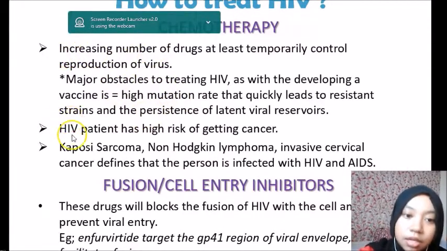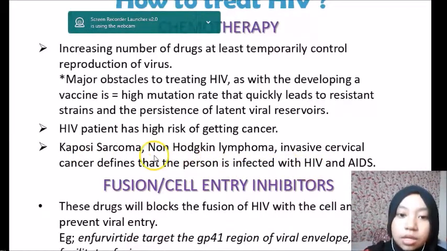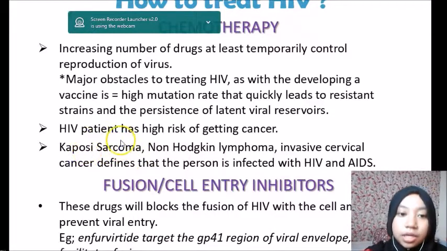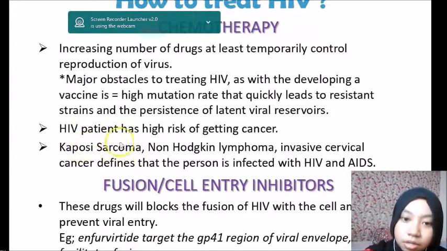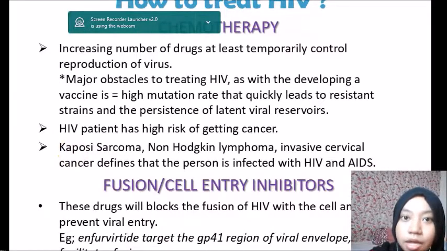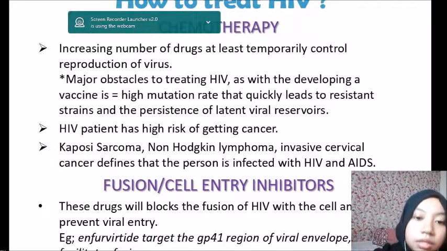As you can see, Kaposi sarcoma, non-Hodgkin lymphoma, and invasive cervical cancer define that a person is infected with HIV and AIDS. This means that if these people get Kaposi sarcoma and these cancers, it confirms that they have HIV as well as AIDS.